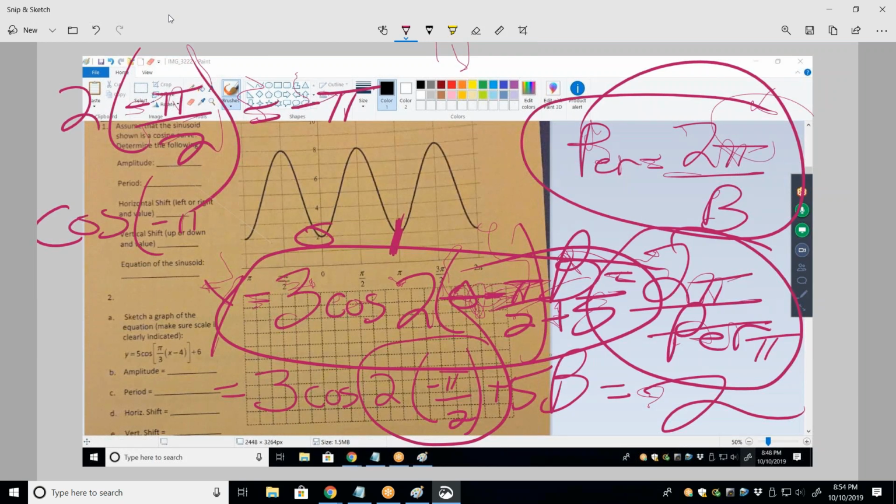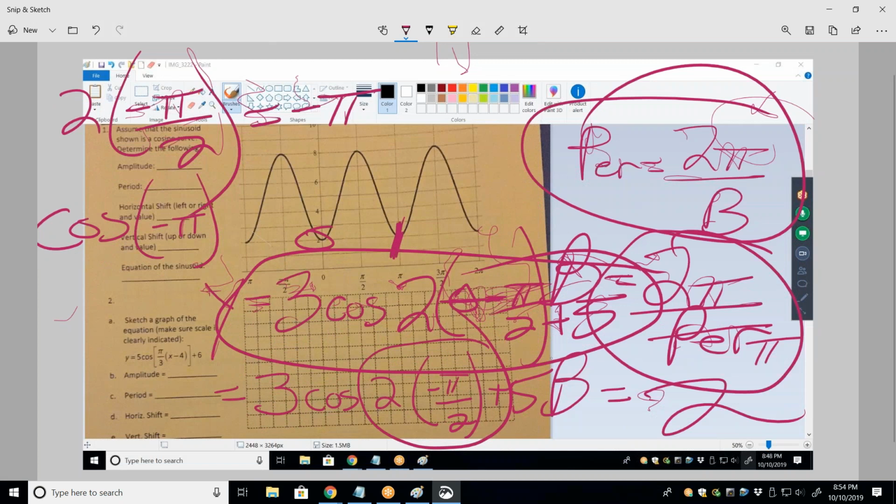Same as the cosine of pi. What's the cosine of pi? Nope. You got to know your cosine curve. If you want to be good at trig, you got to know your sine curve and your cosine curve.